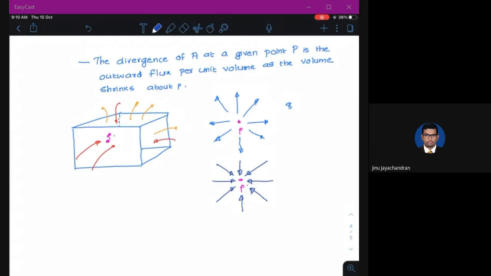So divergence at the point P here is -8. There are 8 flux lines going inside to P, but our definition of divergence is the flux going outside P, and this is -8.